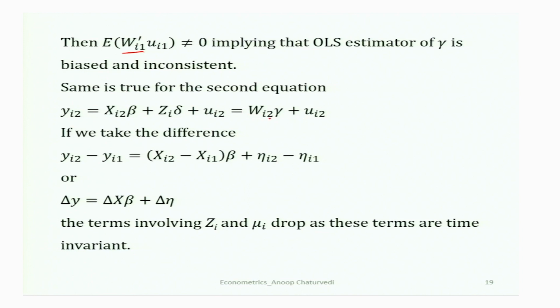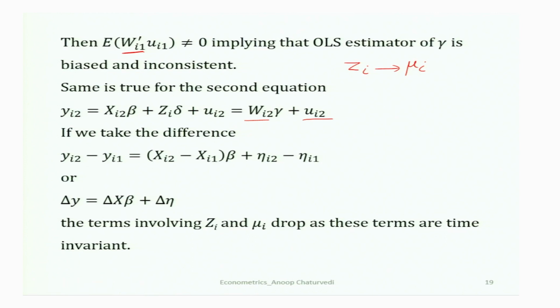In the second equation also, w I 2 is correlated with u I 2. And why do you get this correlation? Because z I is correlated with mu I. So, again if we apply the OLS procedure for estimating gamma, then the OLS estimator is biased as well as inconsistent.